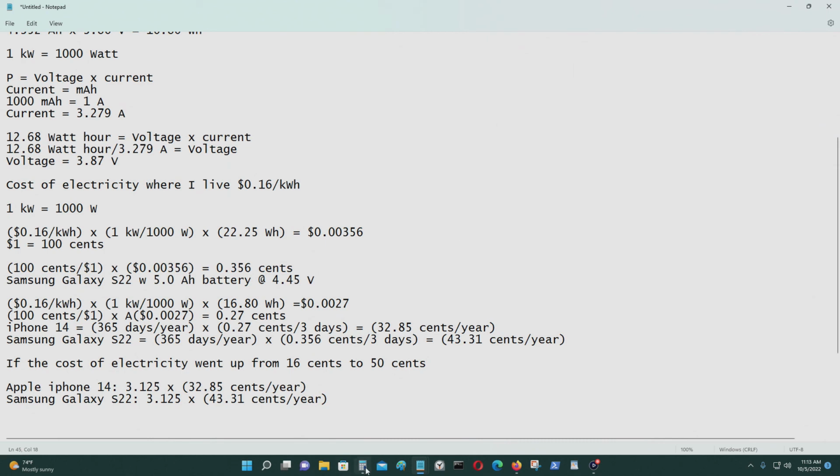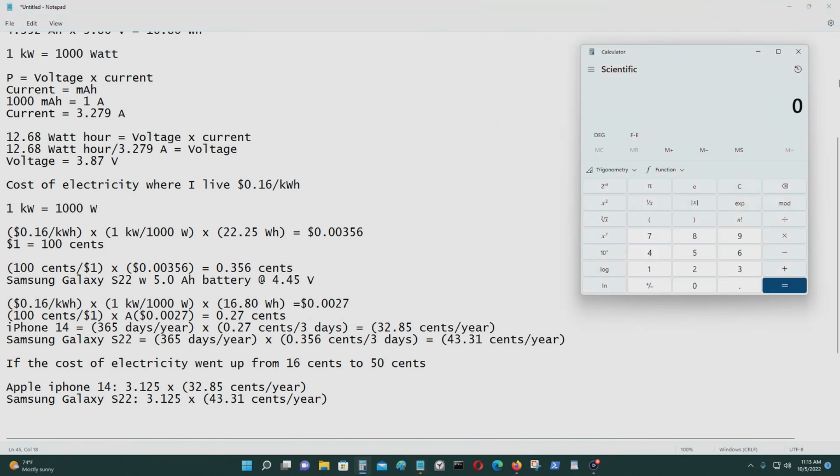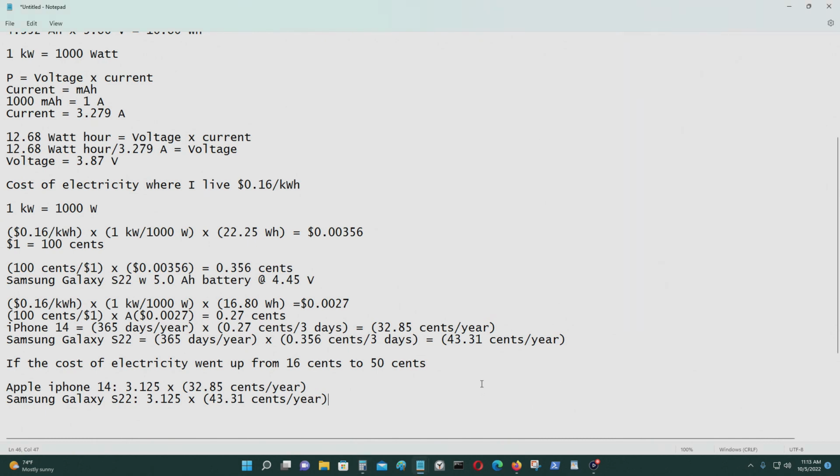For the Apple iPhone 14, it costs you 102 cents.